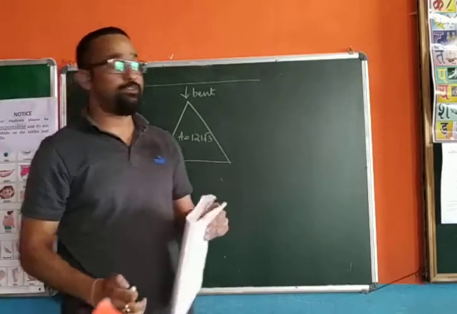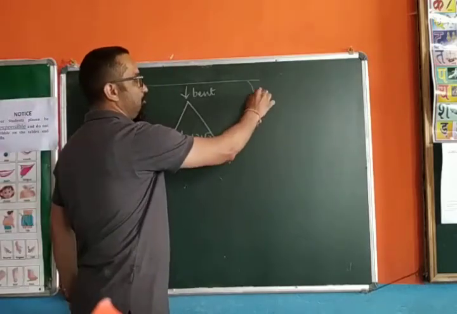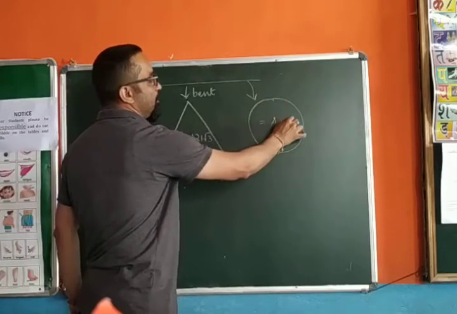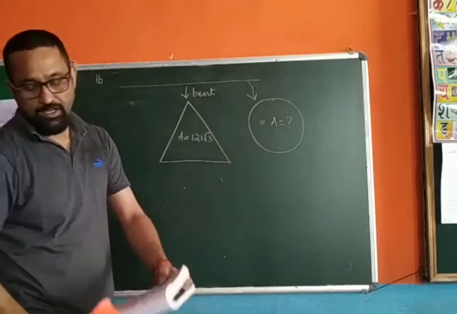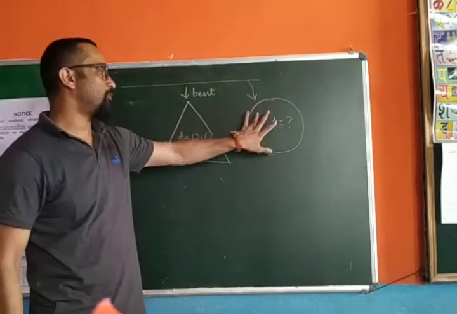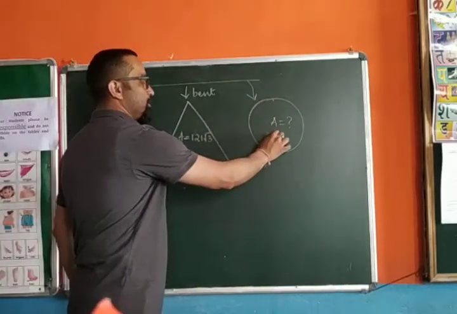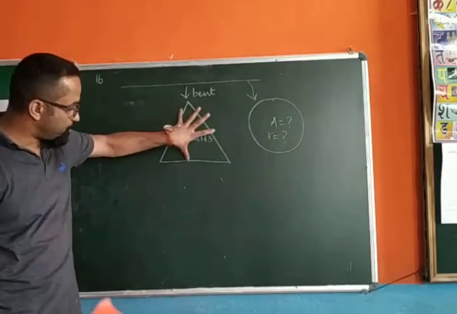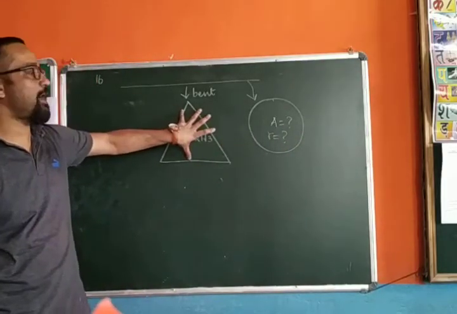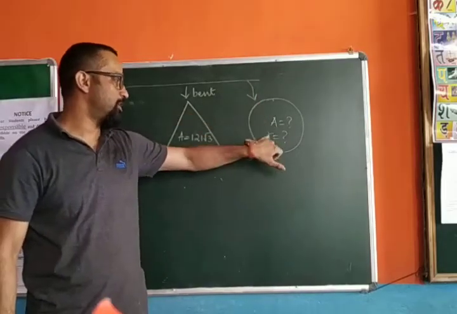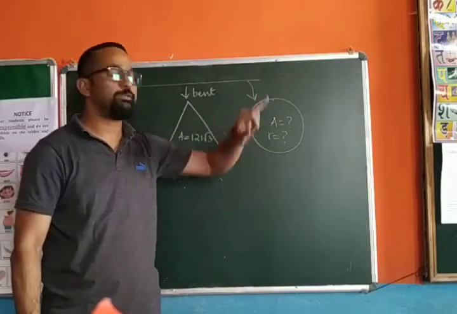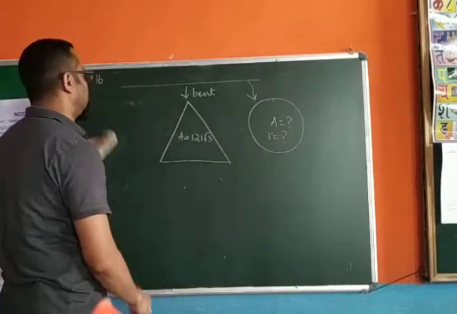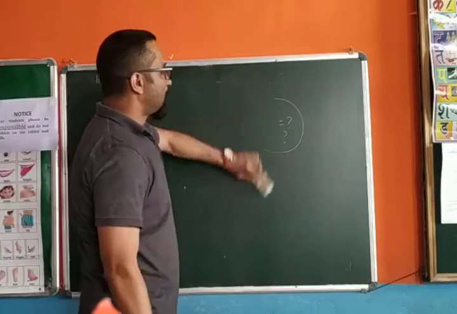Question says that if the same wire is bent into the form of a circle, calculate the area of the circle. The area of a circle is calculated with the help of radius, which is unknown, it is missing. So you need to use the area of the equilateral triangle to calculate the radius, and that radius will be used to calculate the area of the circle. Look at the calculation part.